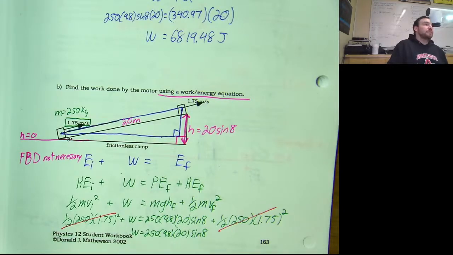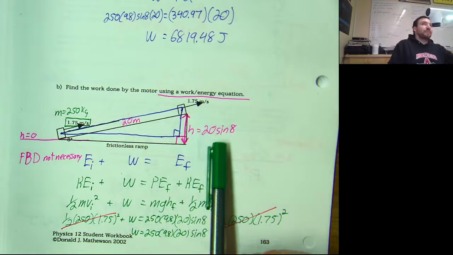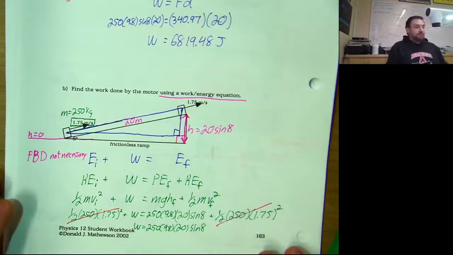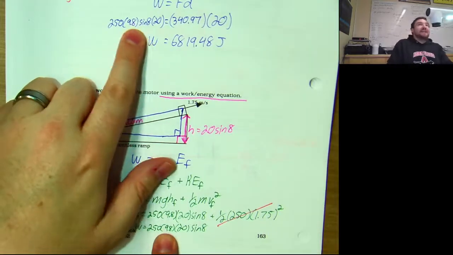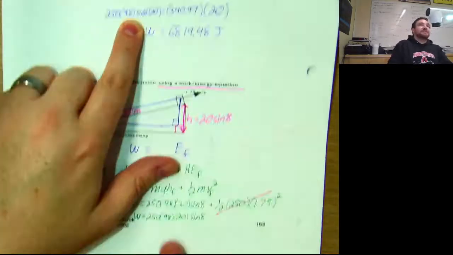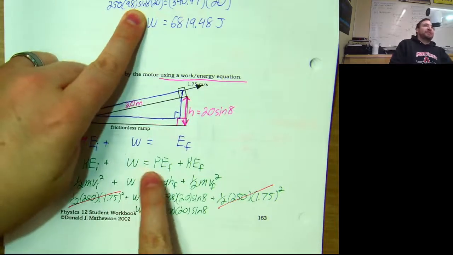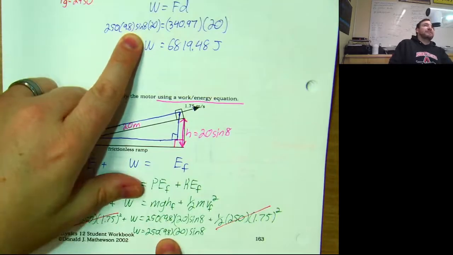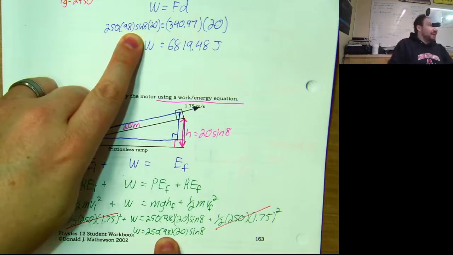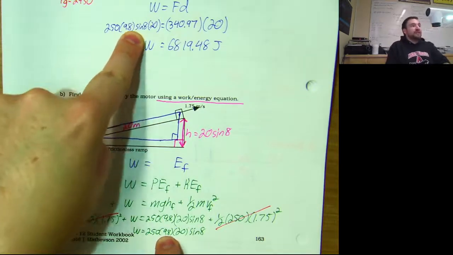The reason is to show you that using work equals force times distance and work equals change in energy gives you the same mathematical expression. It's mathematically equivalent, so it's procedurally equivalent.